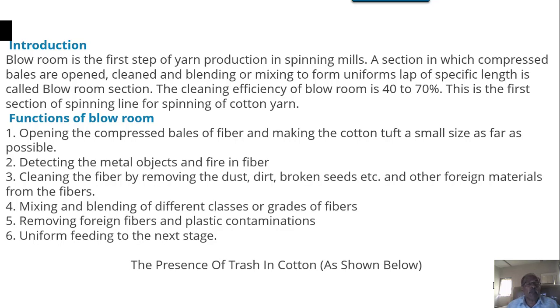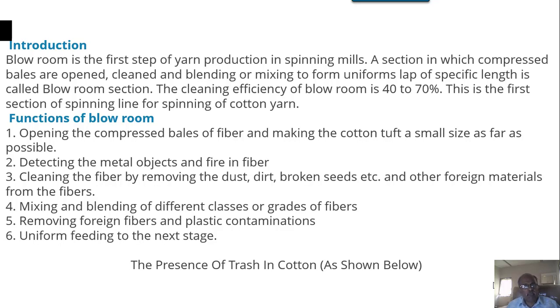And to start the spinning process, as I have mentioned in this slide, we are going through the blow room's objective, that is to mix and open and to some extent clean the cotton.